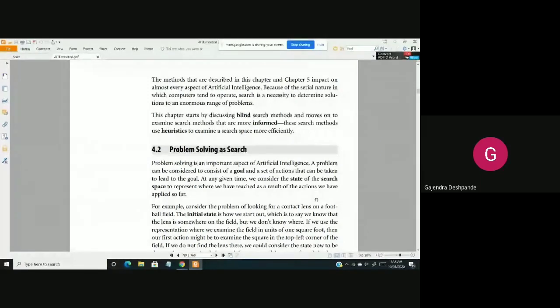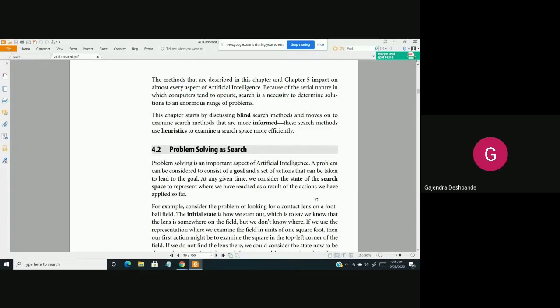A problem can be considered to consist of a goal and a set of actions that can be taken to lead to the goal. So whenever you are solving a problem, there are two things: one is the goal and the set of actions that can lead to the goal.